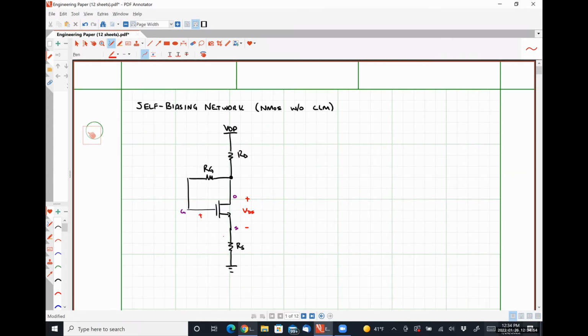Here is our voltage VGS. And here is our drain current ID. So let's start with something. Assuming VDD is high enough to where VGS winds up being greater than VTH.